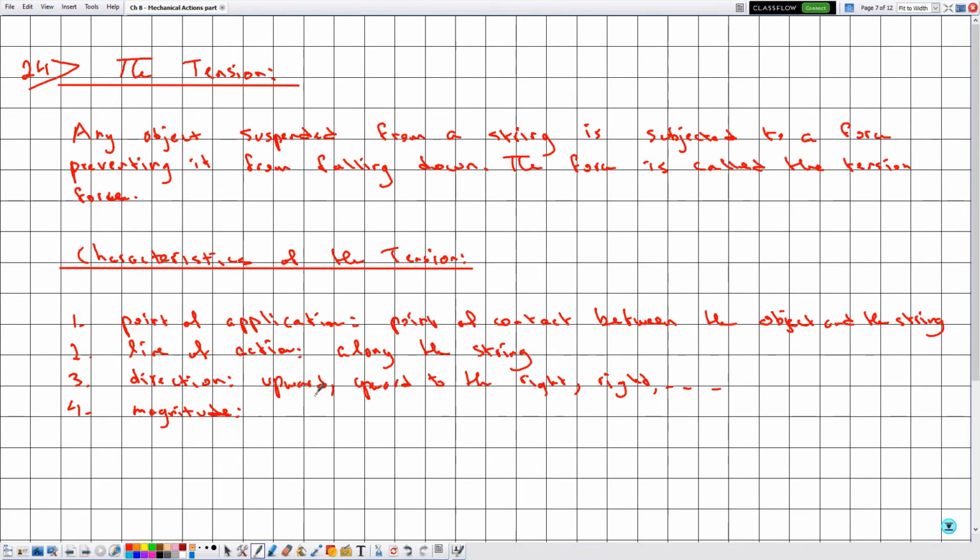Now let me say for the magnitude that the magnitude of the tension is calculated via several methods, as we shall see later.